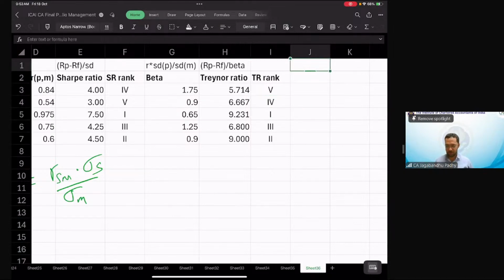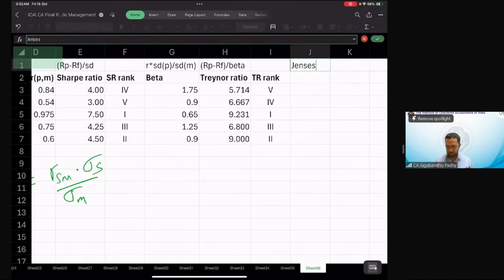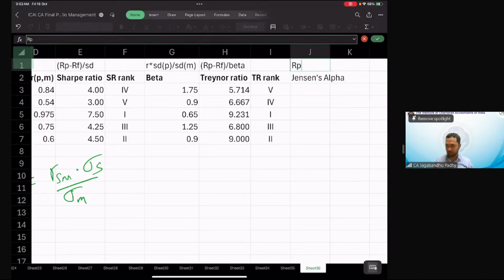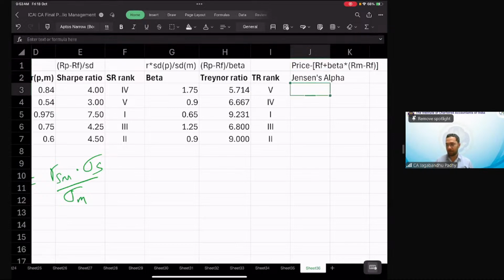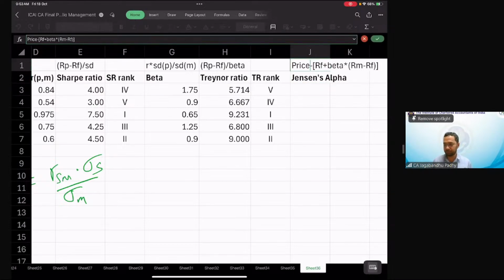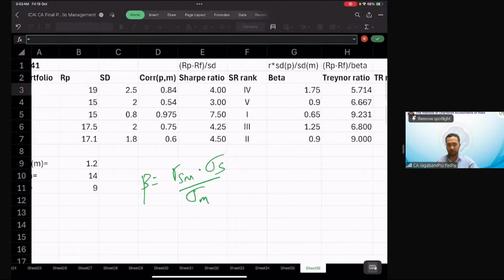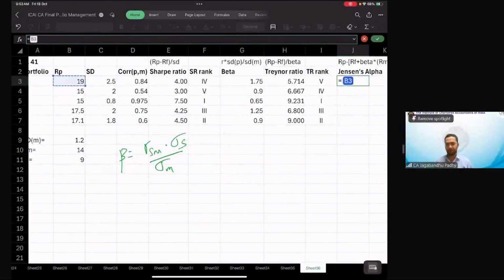Then coming to the last part, which is Jensen's alpha. Now, Jensen's alpha can be simply computed as the return of portfolio minus risk-free plus beta into RM minus RF. Right? So, this is return of portfolio. So, we have the return of portfolio as 19. Right.